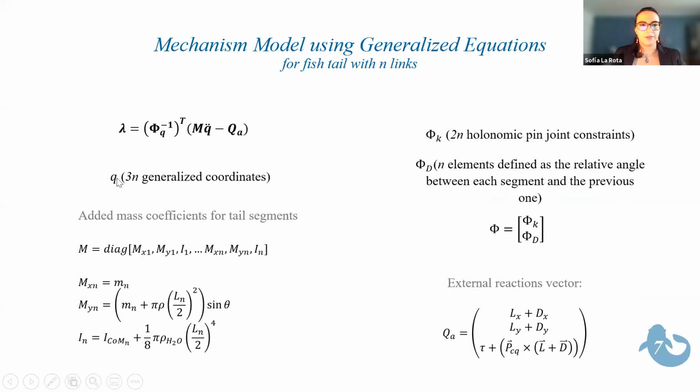We have a vector Q with 3n generalized coordinates. We have a constraint vector with 2n holonomic pin joint constraints and n drive constraints defined as the relative angle between each segment and the previous one. Given that these two vectors have the same number of elements, we can guarantee the matrix phi sub q is square.